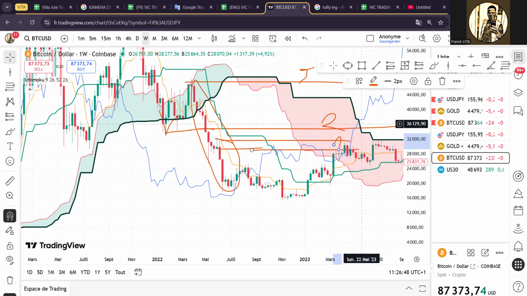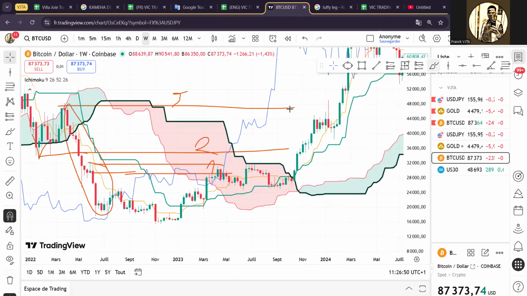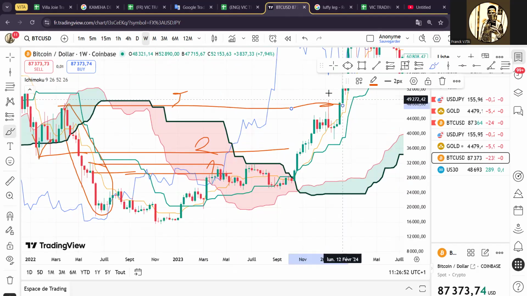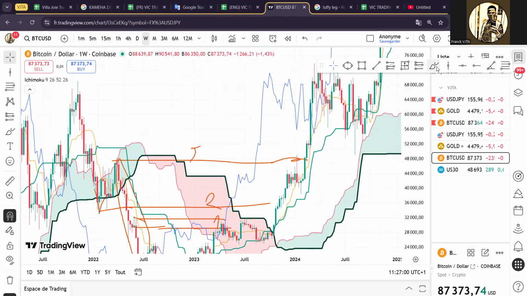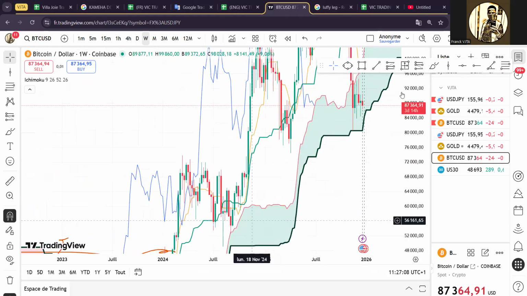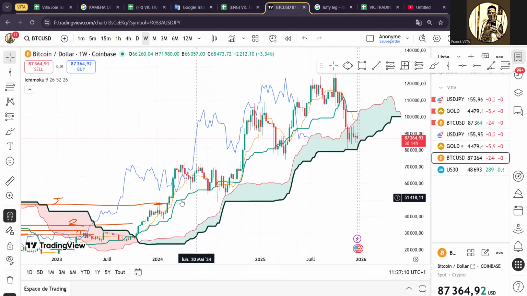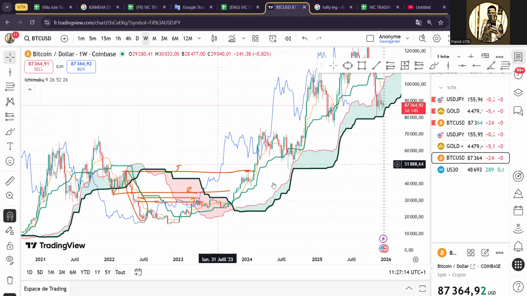The candle respected that. But when we broke the third one to the upside, that's when you break the Luffy leg top and you are going to a buy, it means that the market is really bullish now. That's when everybody knew that Bitcoin is going to the moon by looking at the Luffy leg this way.